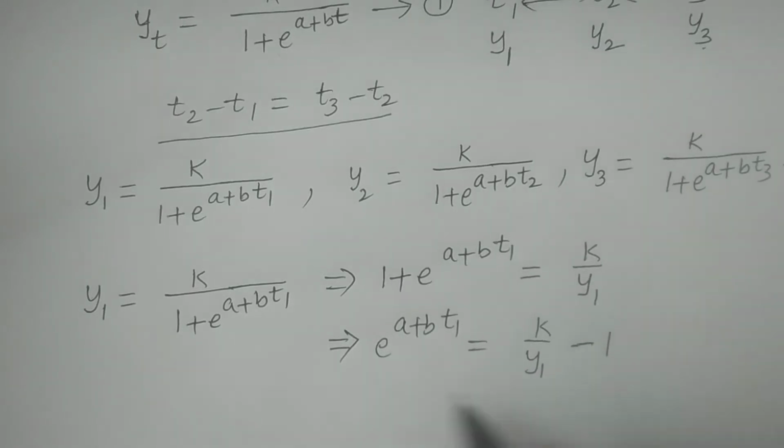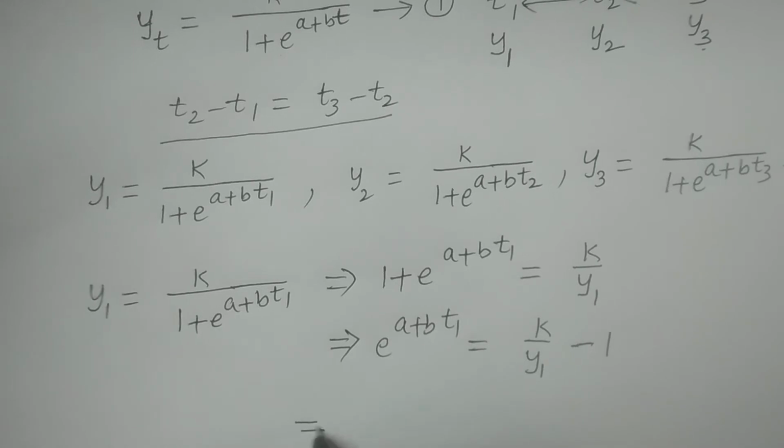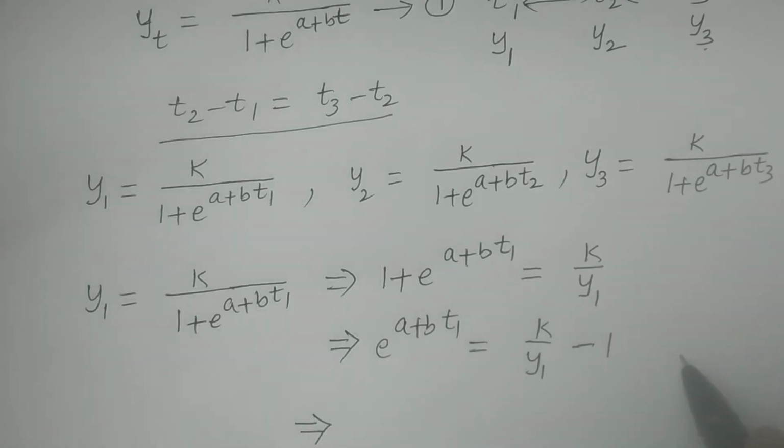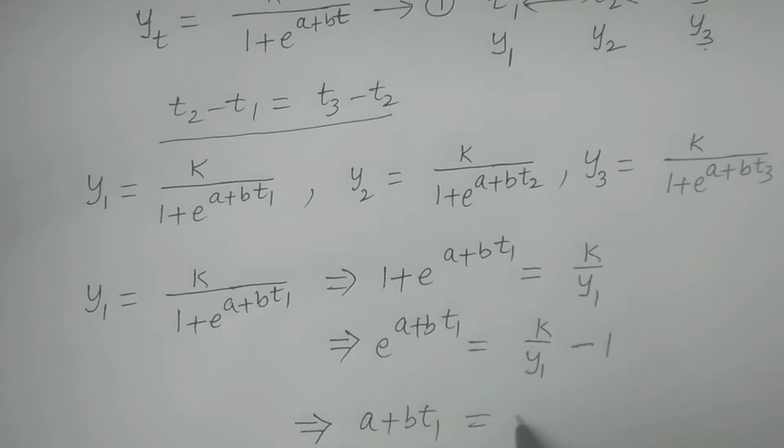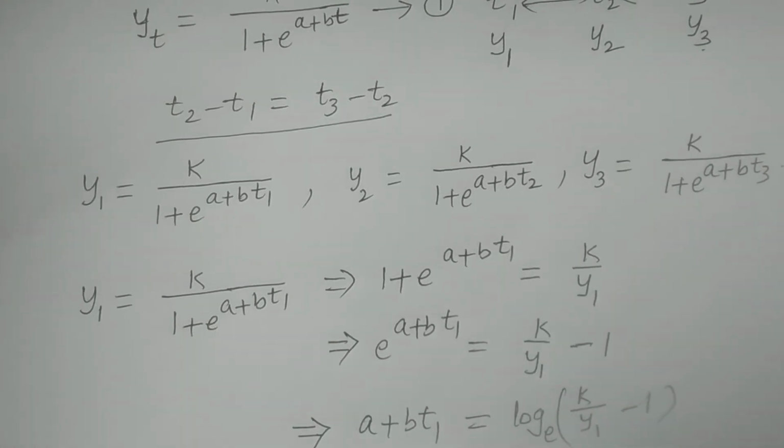Now we have to calculate the parameters a and b. That is the reason why I am considering logarithms. So log e power x is x. That is, a plus b t1 is equal to log to the base e of k by y1 minus 1.